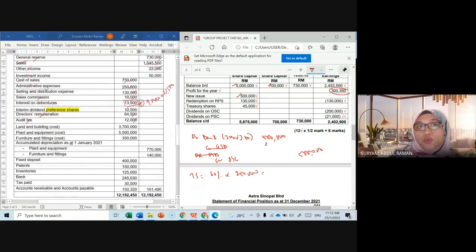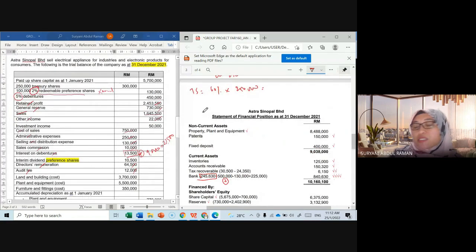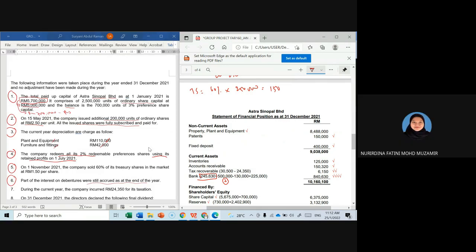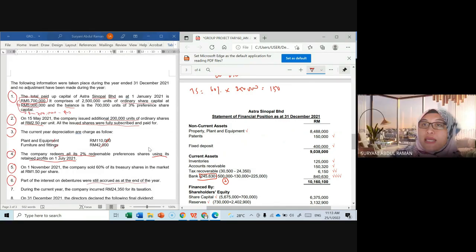If 60% of 250,000, how many units do you get, class? We have 250 in balance. How many units, class? How many units do you sell? 60% of 250,000, how many units do you sell, class? 150,000. Yes, don't miscalculate. 150,000 units.